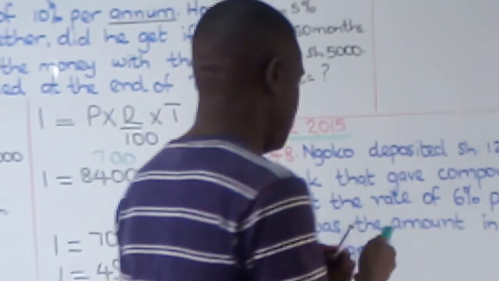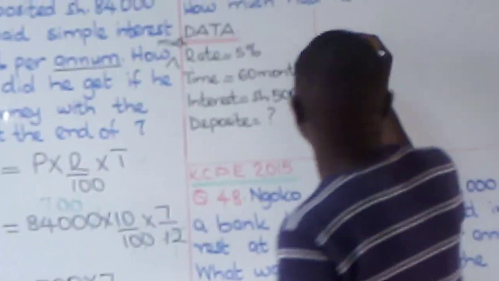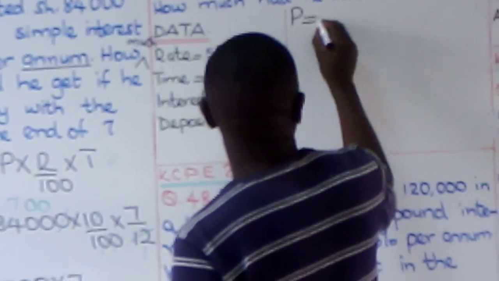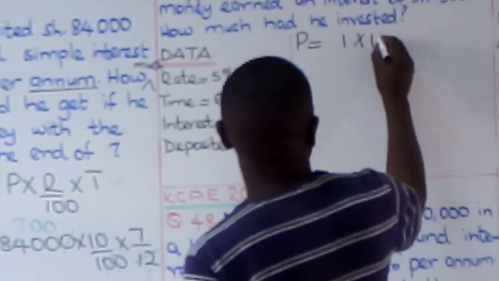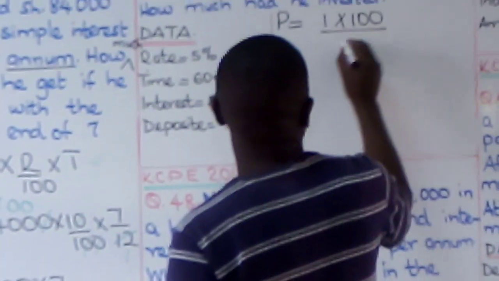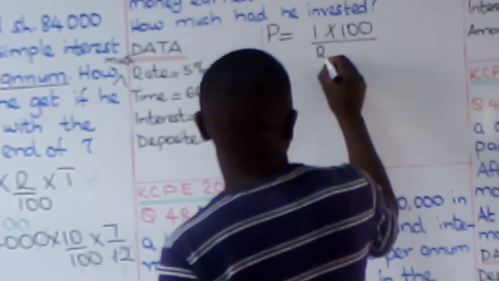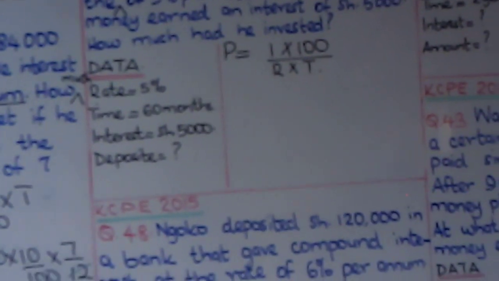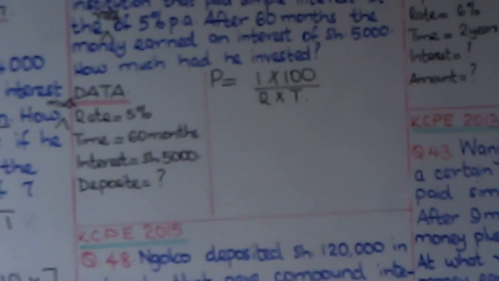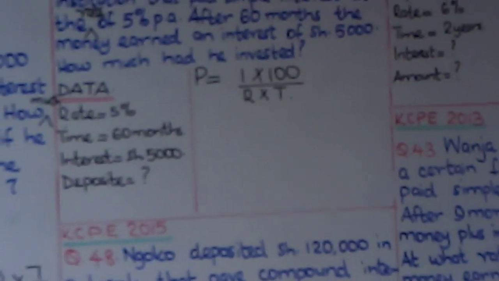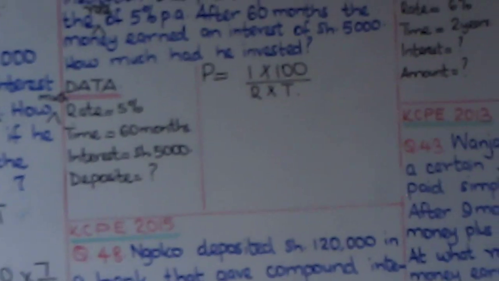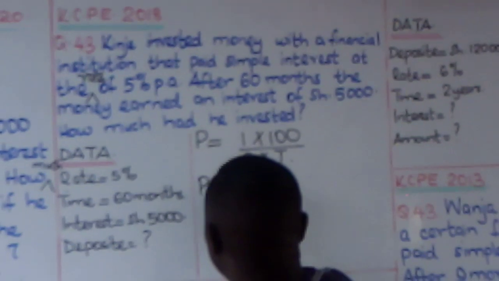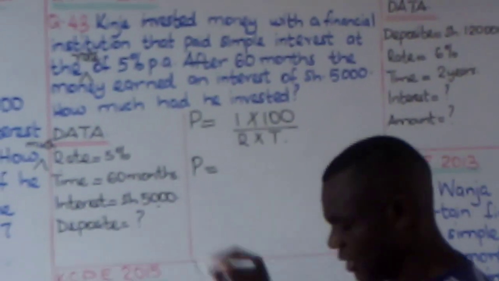Brilliant, Shalim. Now we will say that principal, that is the deposit, is going to be equal to interest multiplied by 100 all over rate multiplied by time. Get that? That's the direct formula of finding principal when you're given rate and time. Now let's say principal is equal to interest. What is interest given?